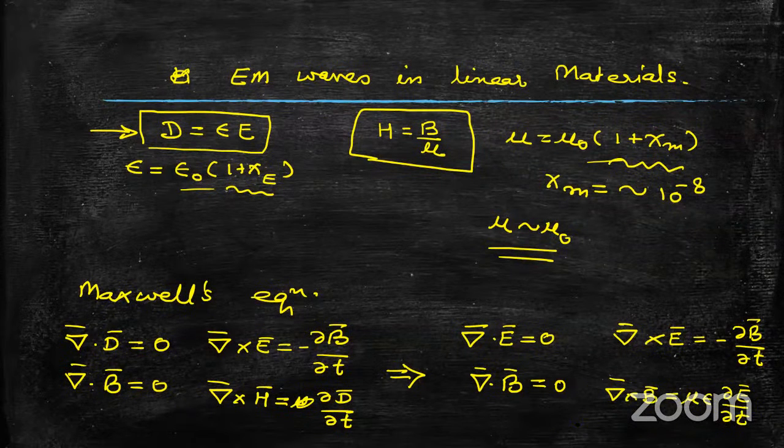Now, these equations are just like our Maxwell's equations in vacuum, except that mu 0 epsilon 0 is replaced by mu epsilon. The rest of the mathematics remains the same for all of them. Wherever there is a mu 0, we will replace it by mu. Wherever there is an epsilon 0, we will replace it by epsilon. Other things remain as they are. So we'll have equations like this.